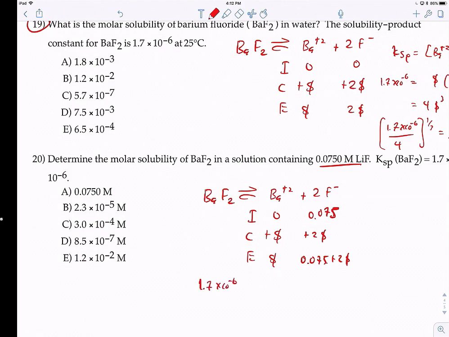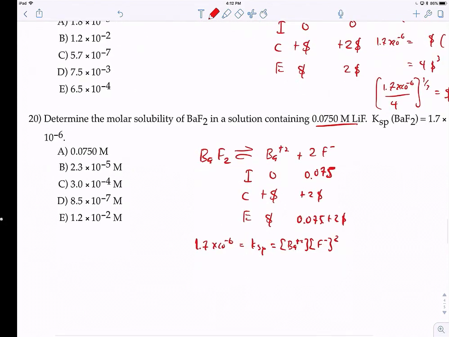1.7 times 10 to the minus 6 equals the Ksp equals barium 2 plus times F minus squared, so equals solubility times 0.075 plus 2 solubilities, squared.